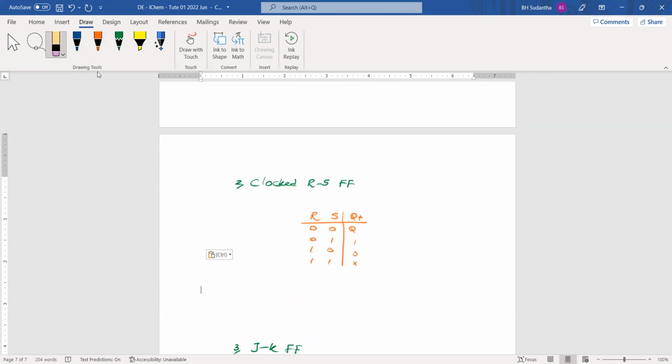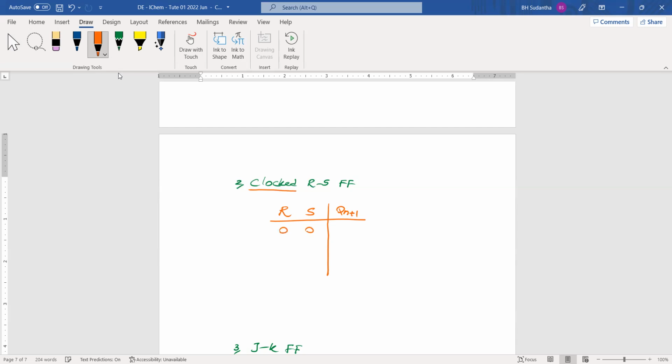Okay. Then when we take this one, because we have this clocked input there, we have to have this notation like this.